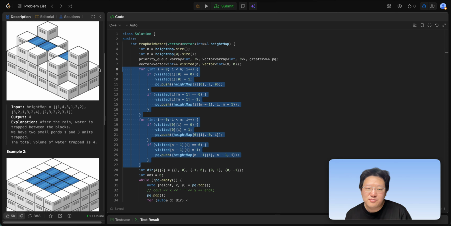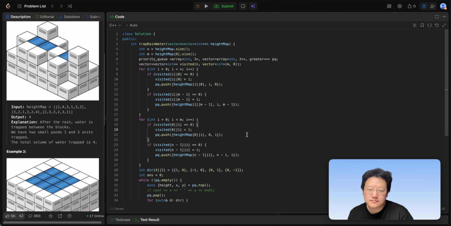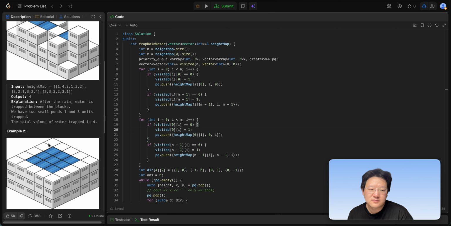And then this block will push our boundary cells, left and right columns, top and bottom rows. Like this boundary here.